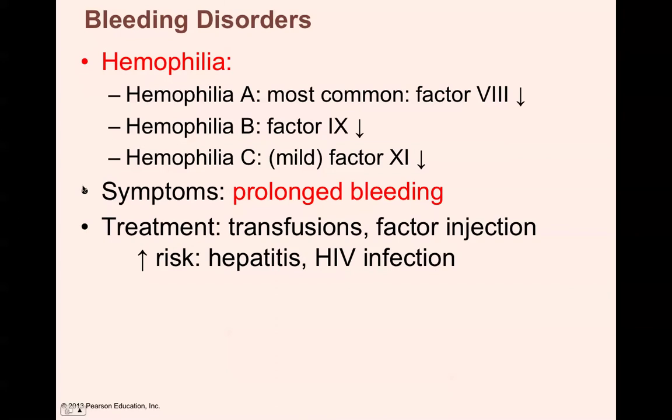Treatment. It used to be that they would take blood donations and pool many blood donations together to obtain that factor that is missing from many individuals. Back in the 1980s and early 1990s, they didn't understand a lot about HIV infection. They were just learning about HIV and AIDS.